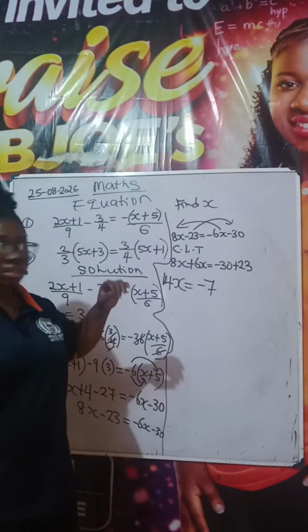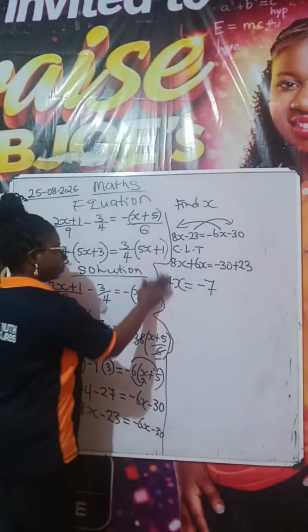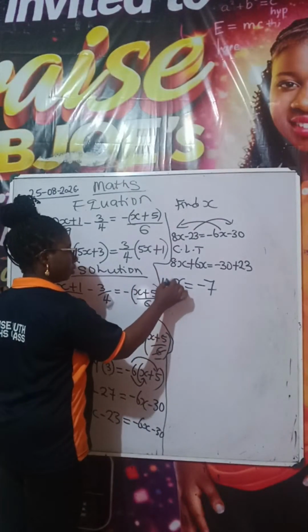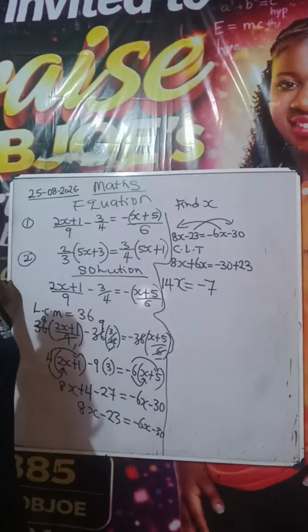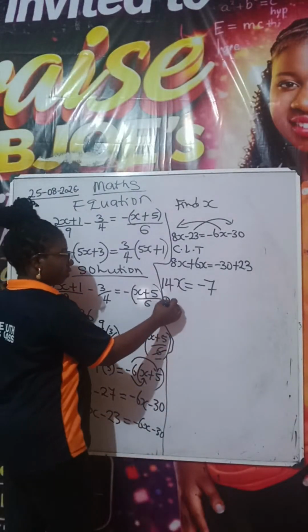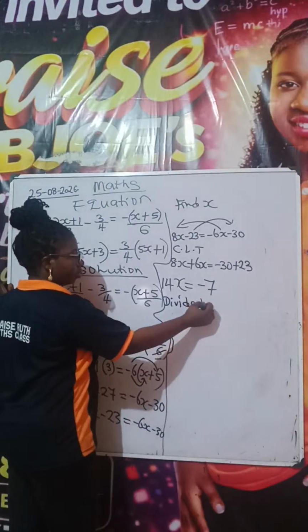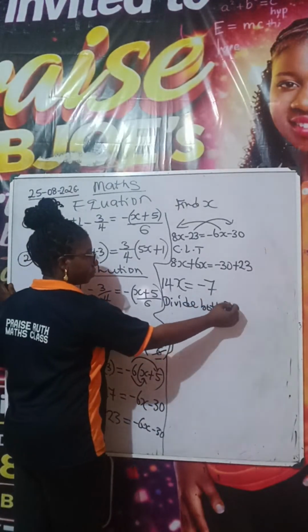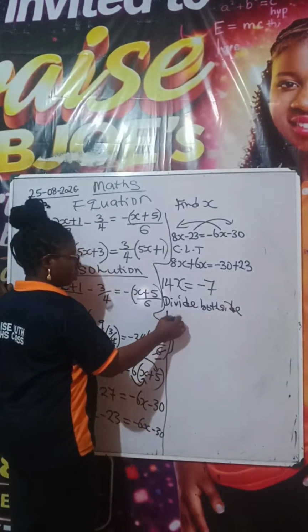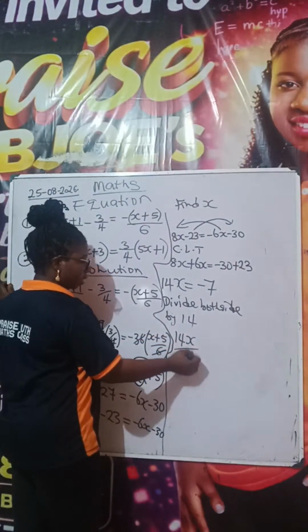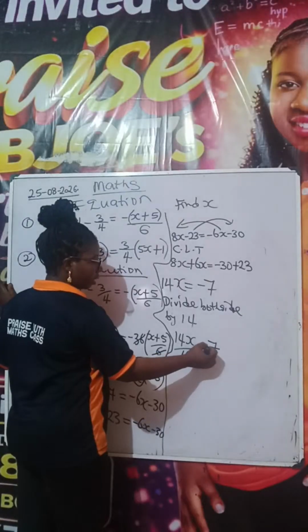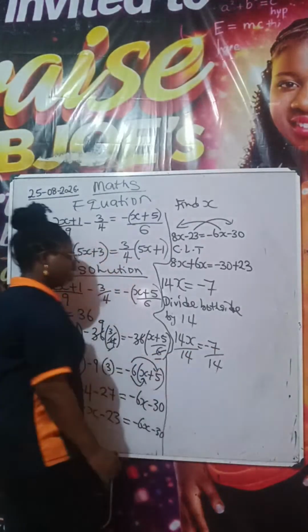We divide both sides by 14. So we have 14x over 14, and minus 7 over 14.